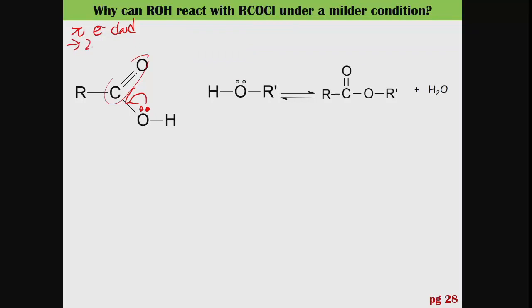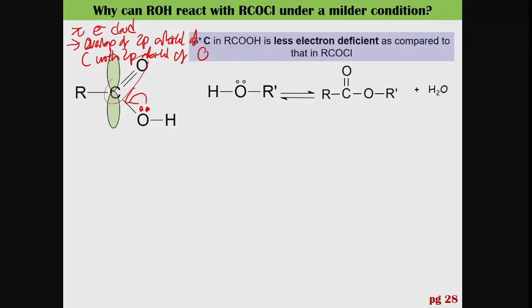This pi electron cloud is formed via the overlap of the 2p orbital of carbon with the 2p orbital of oxygen. So how does that affect its reactivity? Because of this delocalization, the carbon in your carboxylic acid is actually less electron deficient than in acid chloride.